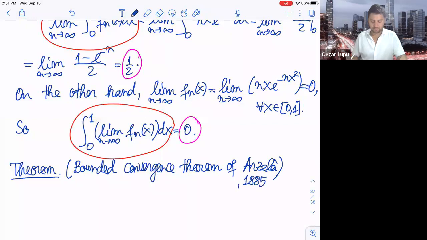It's a pretty amazing theorem. Like I said, I will give you after that a more general theorem, which will be called the Lebesgue dominated convergence theorem. All right, so the theorem says the following.